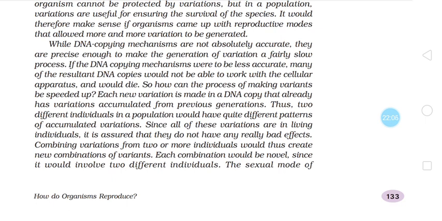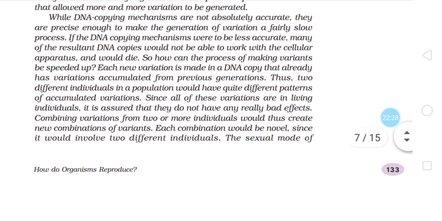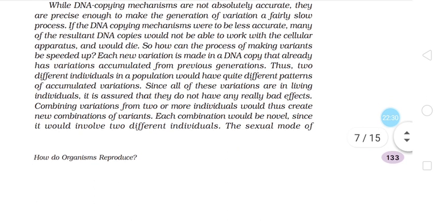So, how can the process of making variants be speeded up? Each new variation is made in a DNA copy that already has variations accumulated from previous generations. Thus, two different individuals in a population would have quite different patterns of accumulated variations.